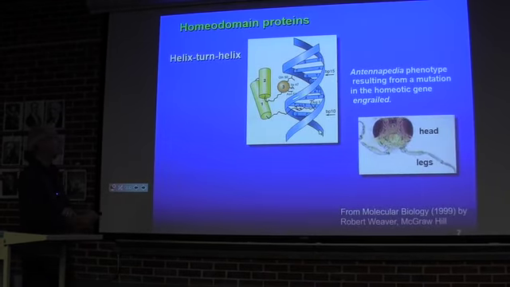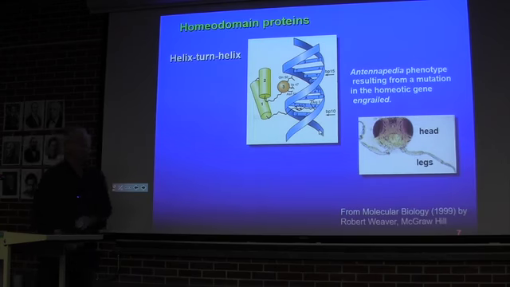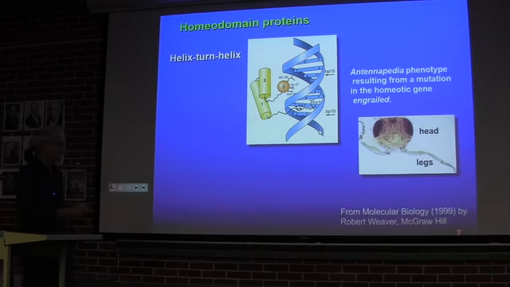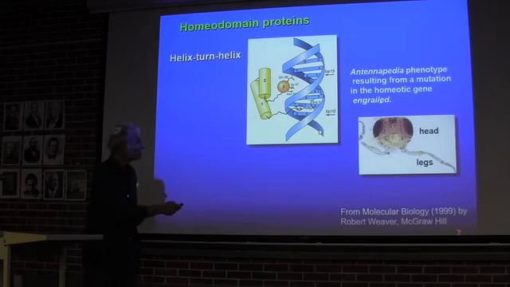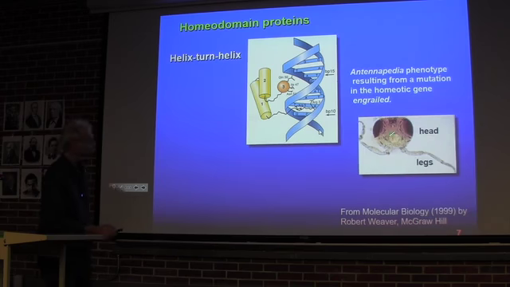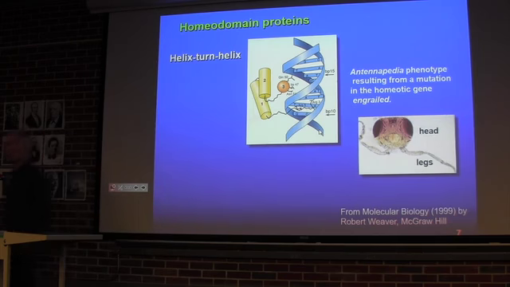Here you see it being used for some of the genes called homeotic genes involved in development. We have homeotic genes, insects do. This is an example where one of the homeotic genes called engrailed has been mutated, and you can see the developmental mischief that brings about. Here's the head, and it's got its legs coming out of its head.